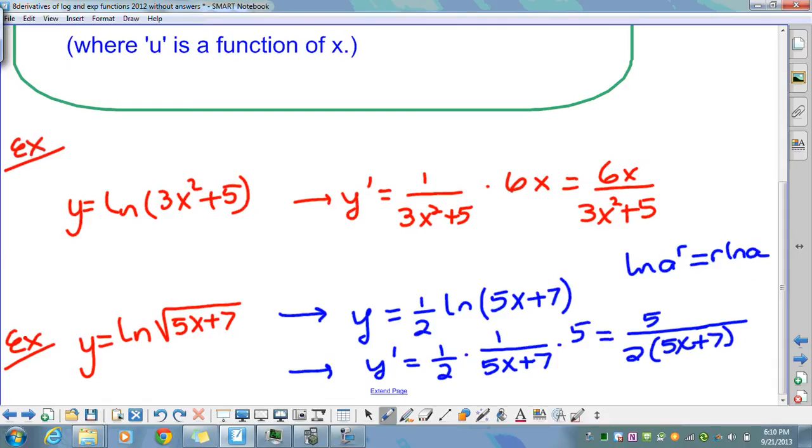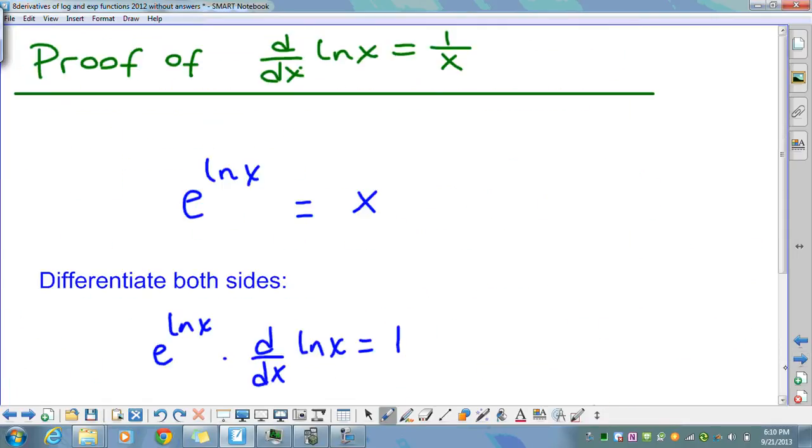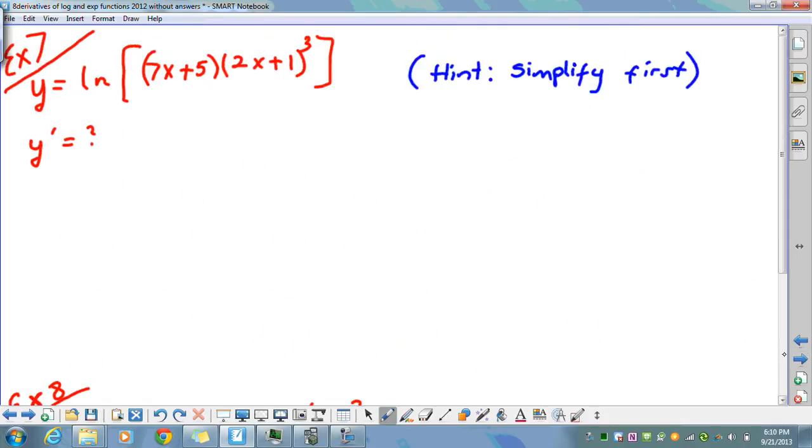Here's another example for you guys. Differentiate this function: natural log of 7x plus 5 times quantity 2x plus 1 to the third power. And I gave you a hint on this one. I may not give you the hint on the test or in a quiz. So just always keep in mind, whenever you're differentiating the natural log function, the first thing you should try to do is always to simplify it first, because that will save you so much time.